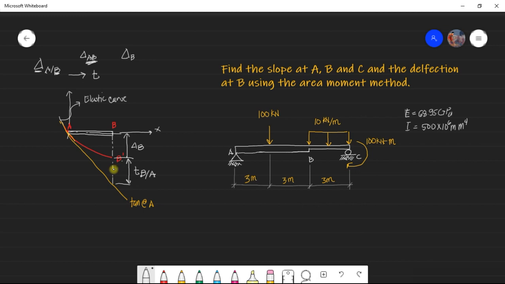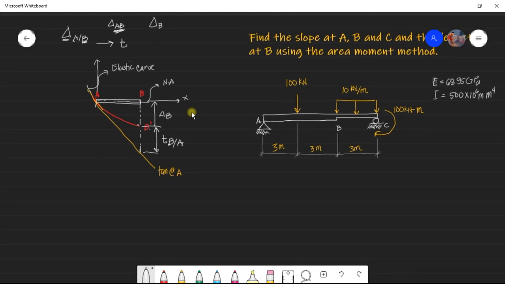The deflection is referred from the neutral axis. So, deflection is the vertical distance between the neutral axis and a point on the elastic curve. Now, deviation, on the other hand, is the vertical distance from the elastic curve to the tangent line. Okay, so that's the difference of deviation and deflection.